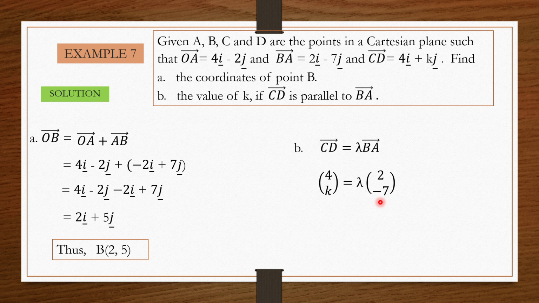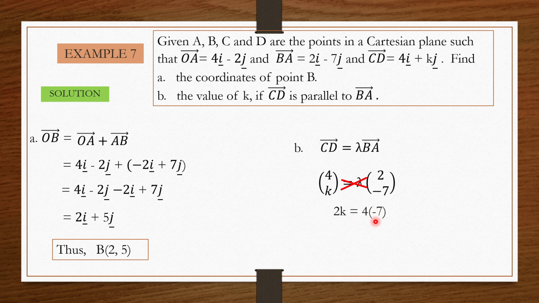Or another way of solving this question, since we do not need the value of lambda here. So what you do, you neglect the lambda, you just cross multiply. So when you cross multiply, you will multiply 2 and k, and 4 with negative 7. Therefore, you will have 2 times k, you get 2k equals 4 times negative 7.